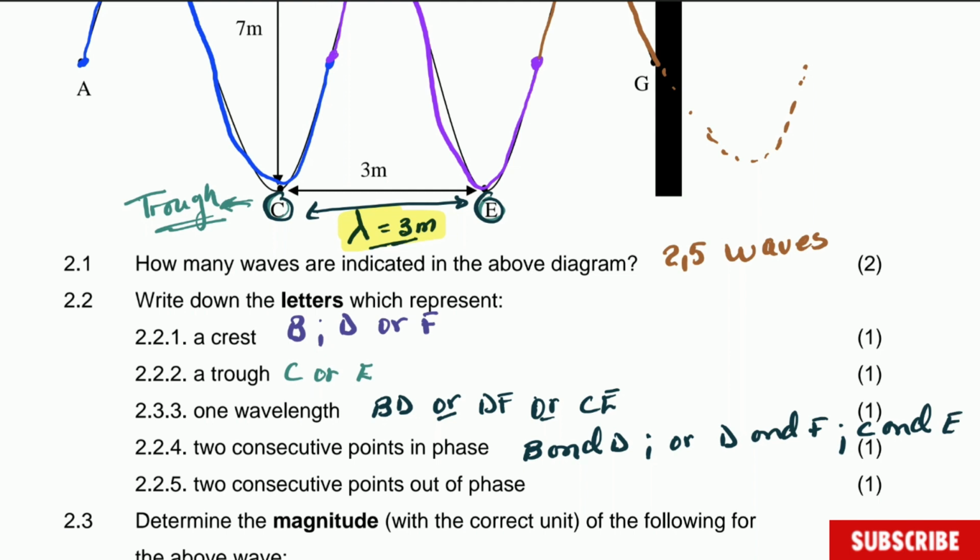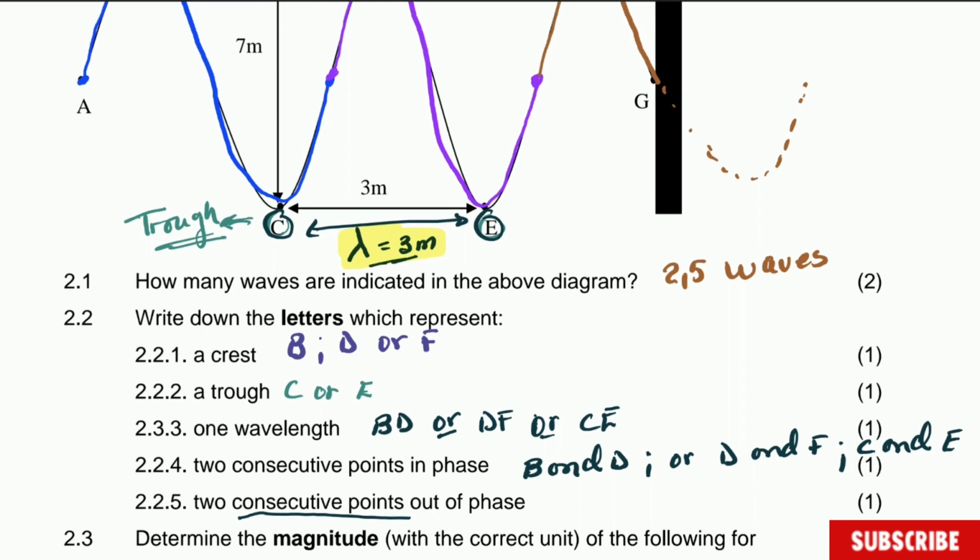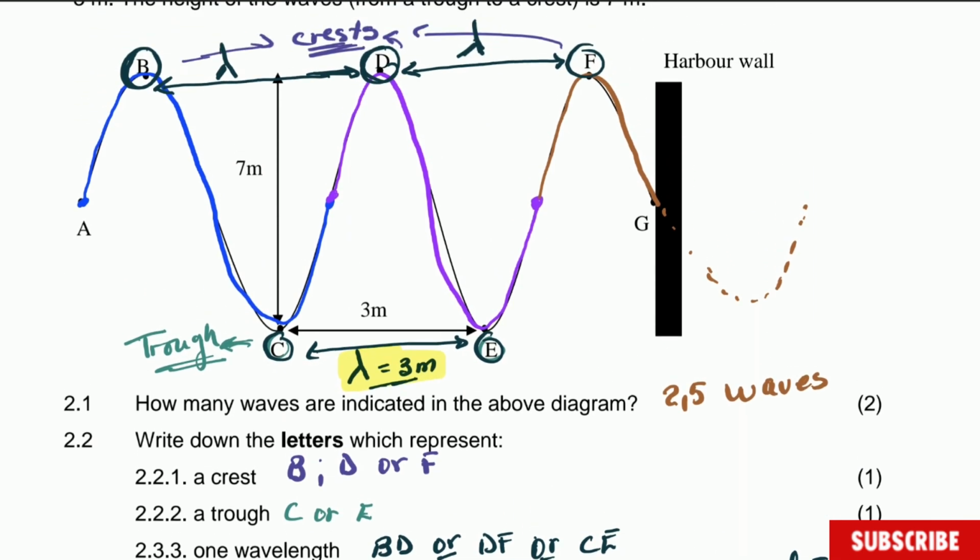And 2 consecutive points that are out of phase. Now be careful, because I say consecutive points that are out of phase. Now here, points out of phase that are consecutive, there are too many. So for instance, B here is a point that is out of phase, and the consecutive one will be C. E is also out of phase with B, but C is the consecutive one.